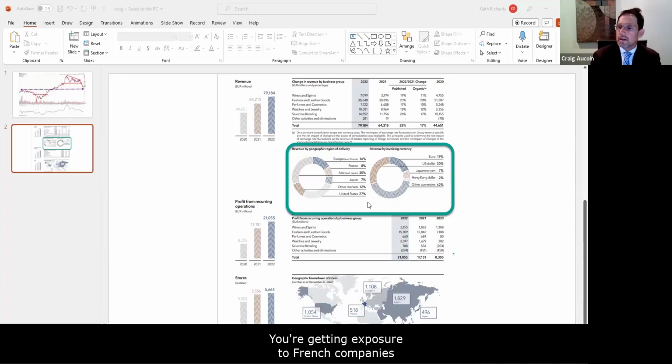You're getting exposure to French companies that are domiciled there but do business globally. In the example of Louis Vuitton, it's quite evident that their 13% weighting in the index is not representative of the exposure to the economics of France, since you're only getting 8% in that company.